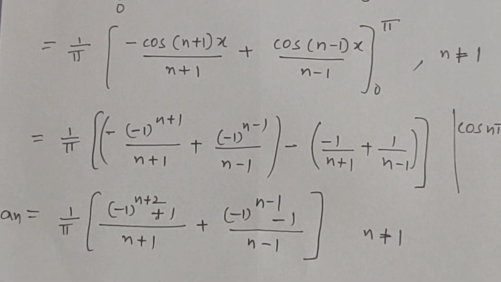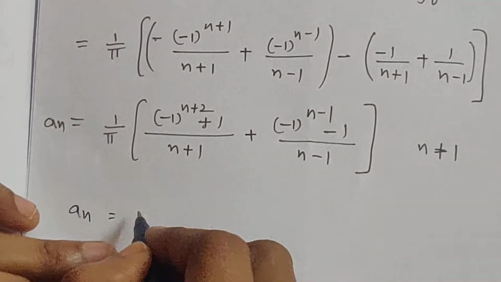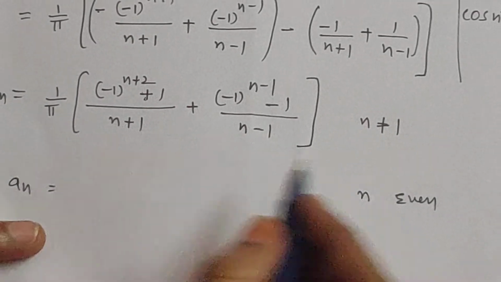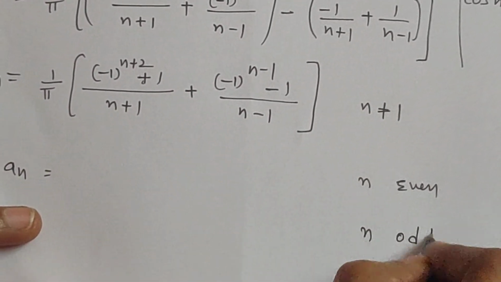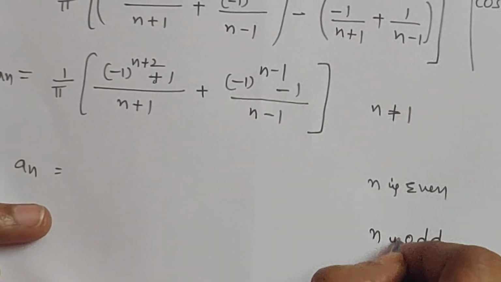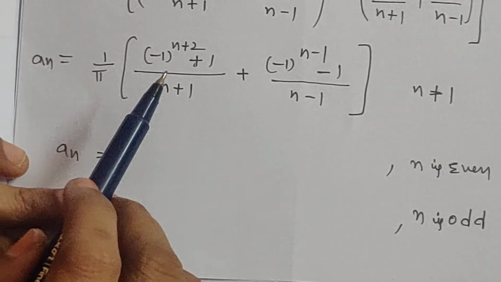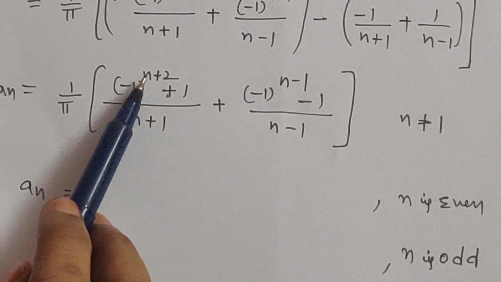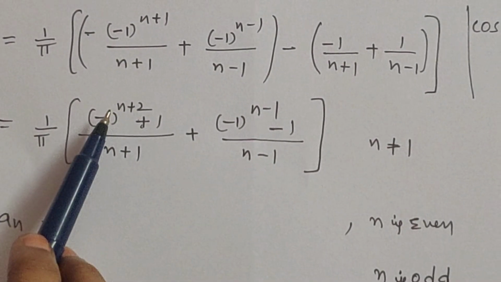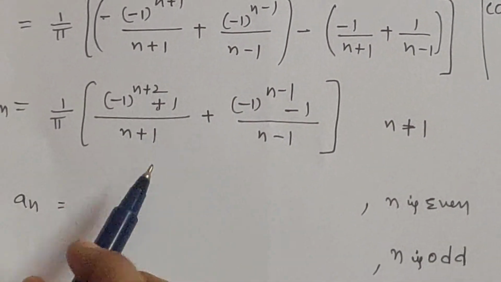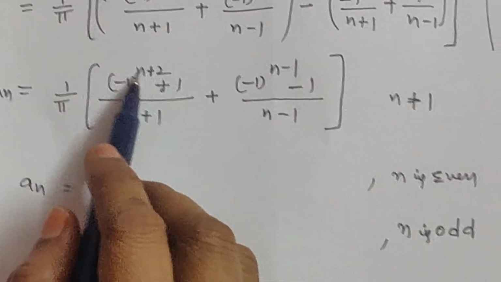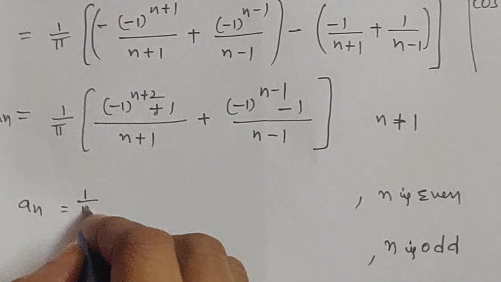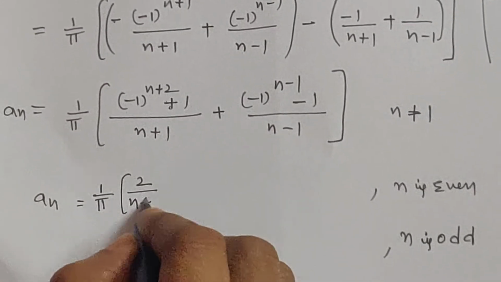This is an. Now an equal to, we observe, if n is even and if n is odd. If n is even, in that situation n is 2, 4, 6 like that, and even means here 1, that is 2 by n plus 1.